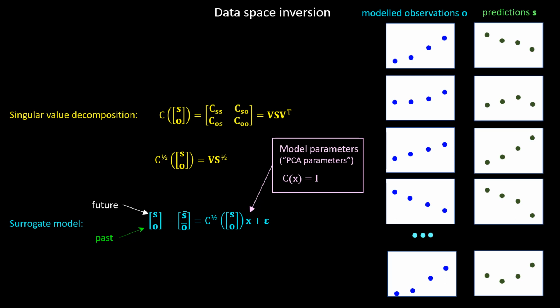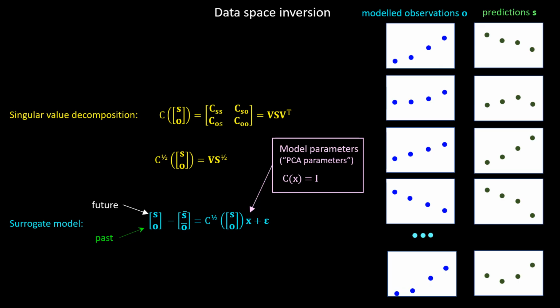The prior probability distribution of the parameters encapsulated in this X vector is simply the identity matrix. Each one of these elements of X has a mean of 0 and a standard deviation of 1 and is independent of each other.